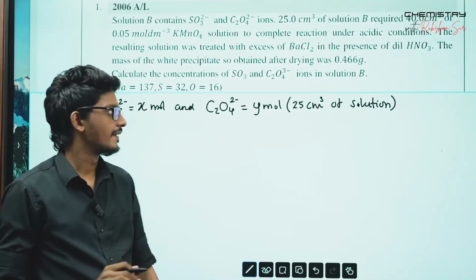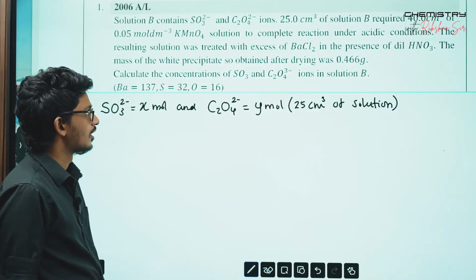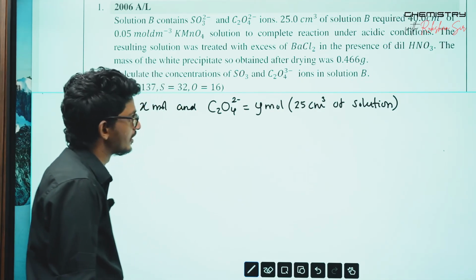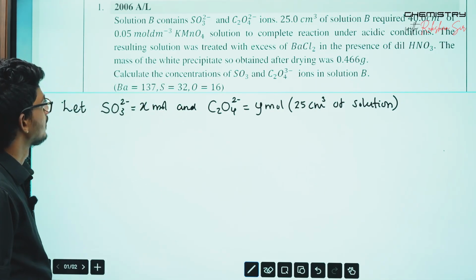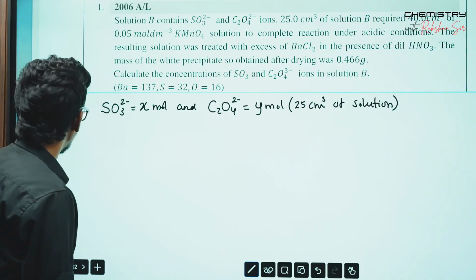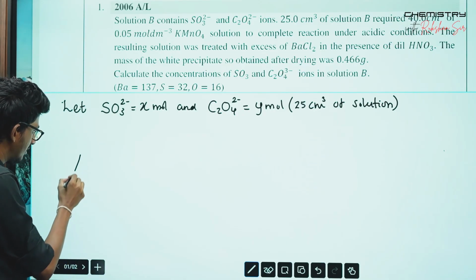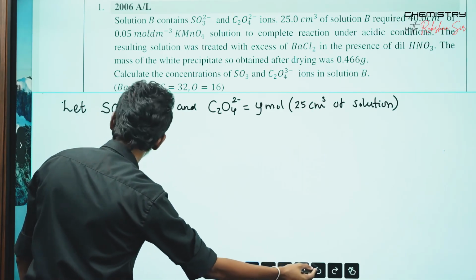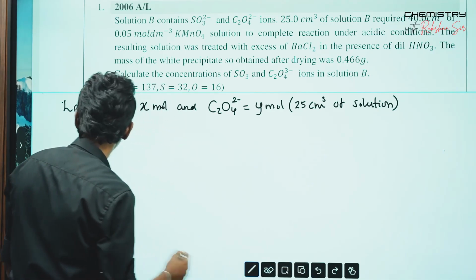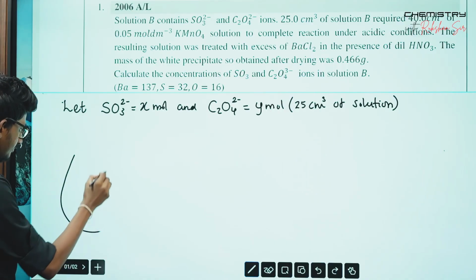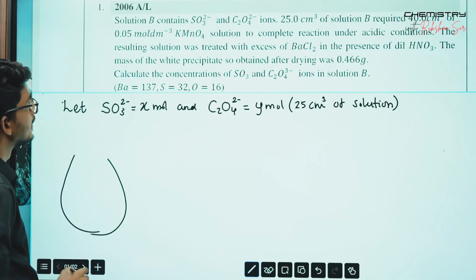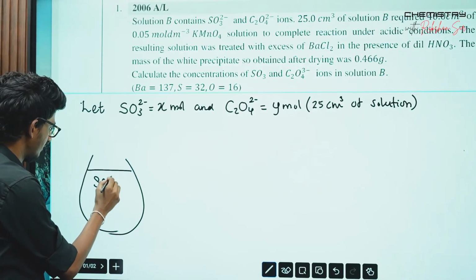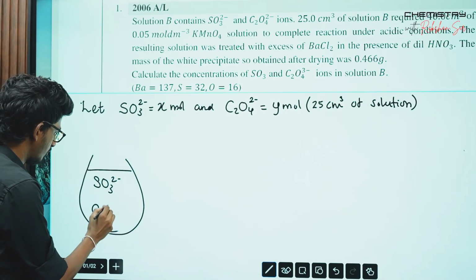After that, we are supposed to come up with the chemical reactions involved in this procedure. What are the chemical reactions? First, you have solution B, where you have the SO3 2 minus as well as the C2O4 2 minus.